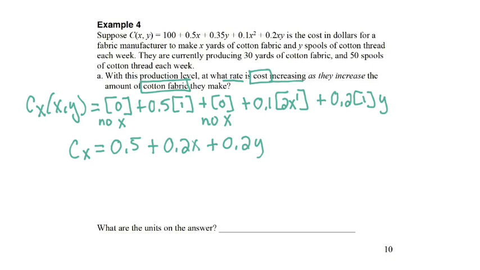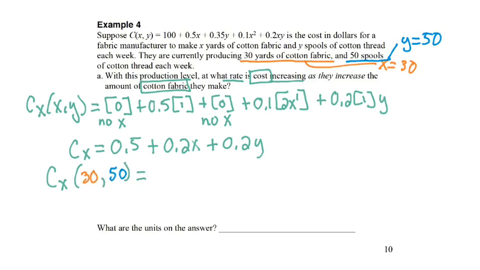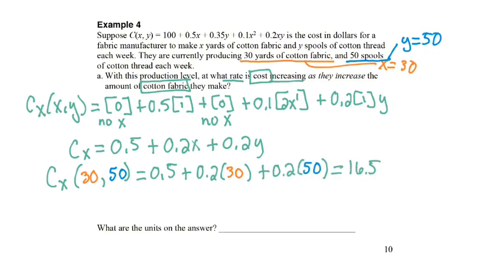Just like before, we're not done because we need to look at the fact that they're currently making 30 yards of cotton fabric, which we said is x, and 50 spools of cotton thread, where y is spools of cotton thread. So we need to evaluate our function at 30, 50. And so when we plug in the 30 for x and the 50 for y, we have 16.5.